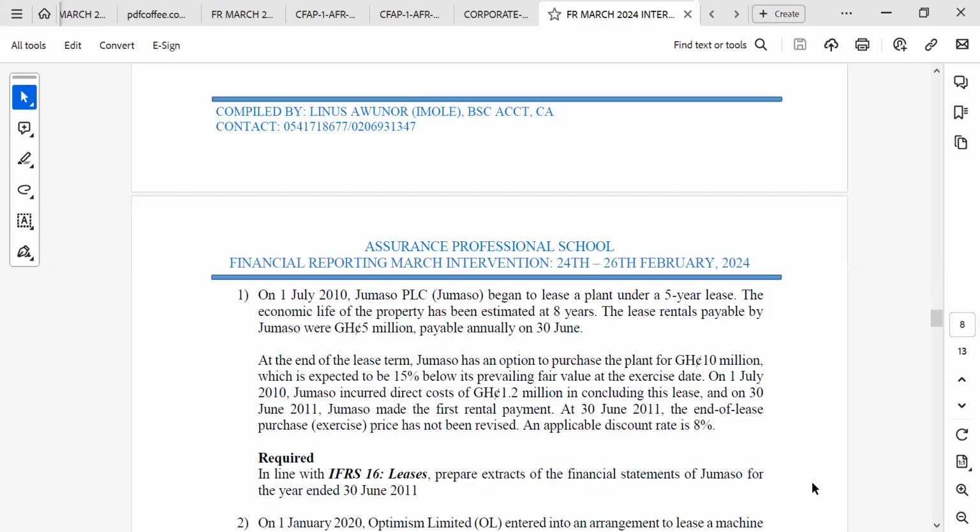On 1 July 2010, Jumaso incurred direct costs of 1.2 million in concluding this lease. And on 30 June 2011, Jumaso made the first rental payment. At 30 June 2011, the end of the lease, the purchase price has not been revised. An applicable discount rate is 8%. In line with IFRS 16 Leases, prepare extracts of the financial statements of Jumaso for the year ended 30 June 2011.